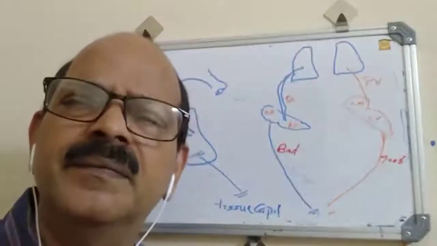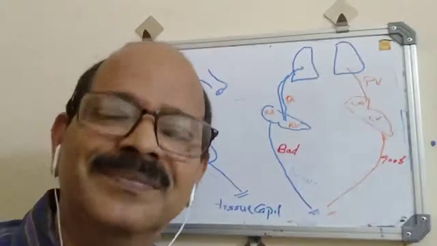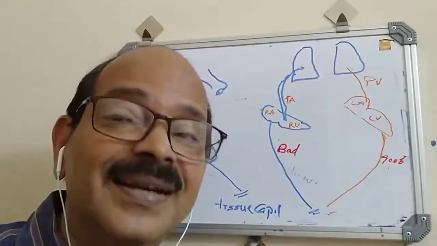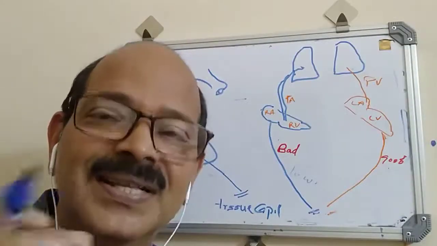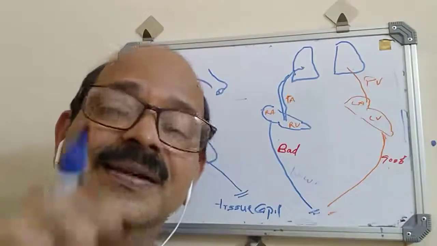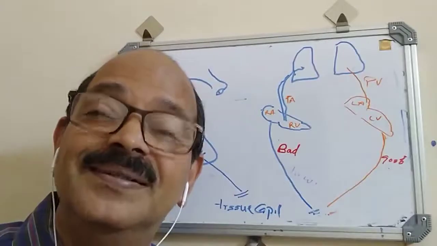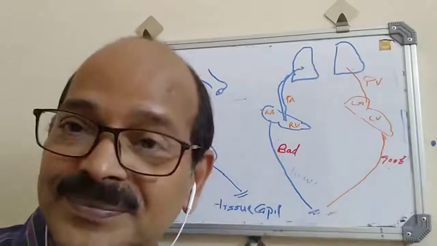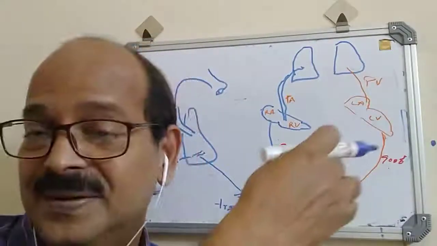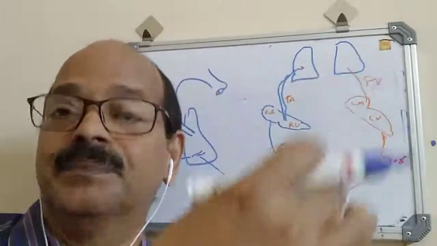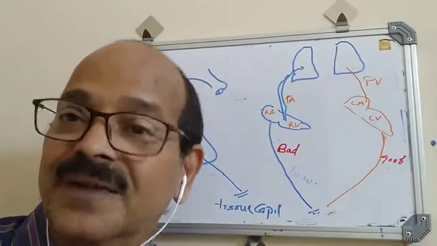Somehow, somewhere, there's a chance for adding the water. Water means contamination. So there is a chance of quality deterioration. So that is, in short, central cyanosis, due to this cardiovascular part of right to left shunt.